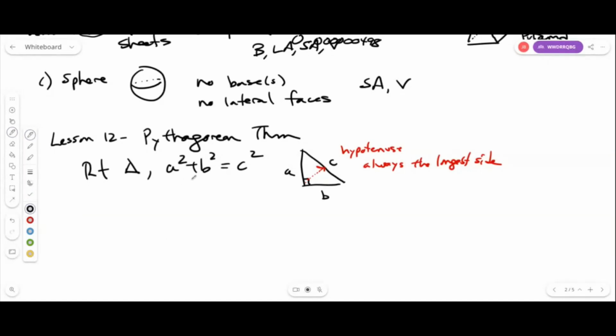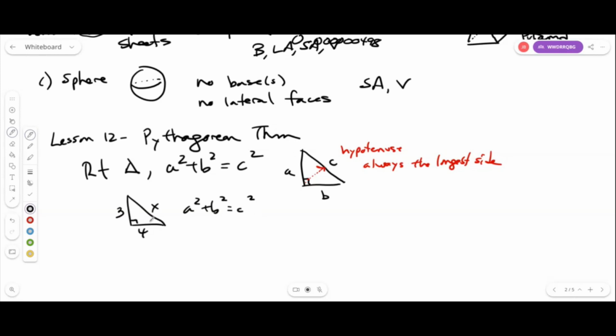And we had situations where we were given the two legs and had to find the hypotenuse. So for example, 3, 4, and x, and a squared plus b squared equals c squared.